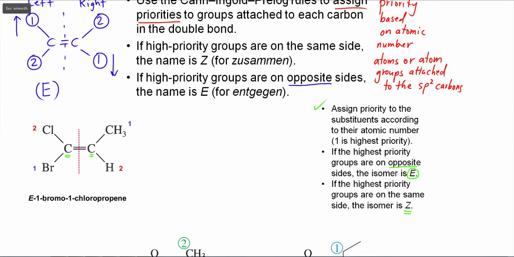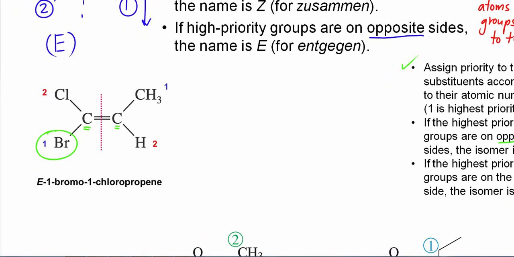You see here that priority 1, Br, has the highest atomic number. It's projected that way. And for CH3, we're just looking at the carbon compared to the hydrogen. It has the highest atomic number, and it's projected that way. So it has the designation of E. So this is 1-bromo-1-chloropropene.